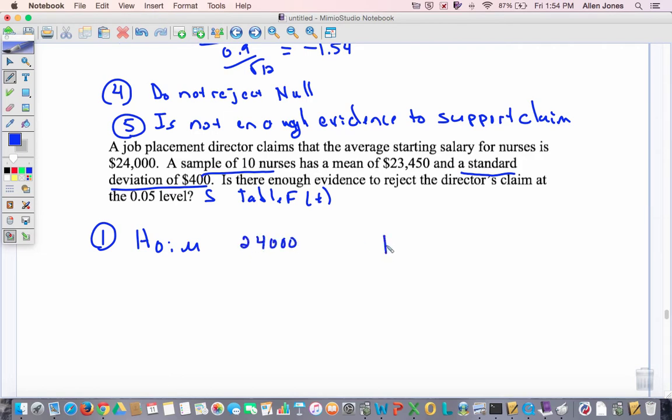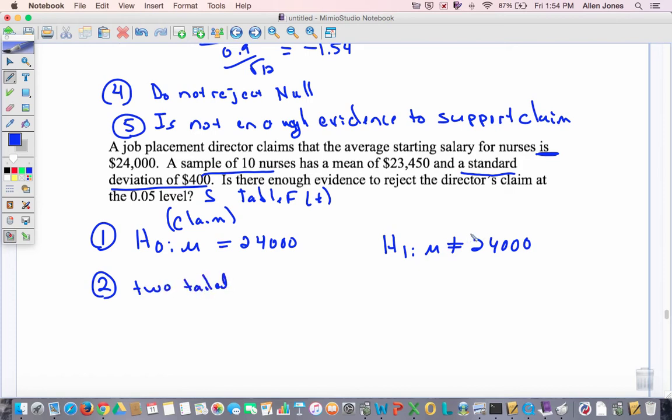H sub 0, our null hypothesis, is based on a mean of 24,000. Alternative is also based on a mean of 24,000. Our job placement director claims the average salary is, so we're equal to and not equal to, remembering the equal to sign always goes with a null, but since he claims that it is 24,000, our null is our claim.